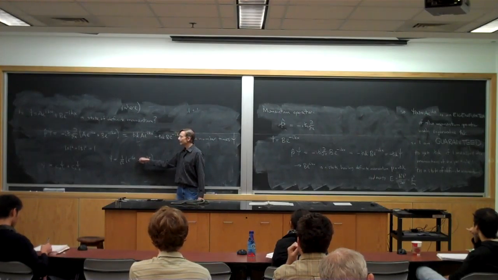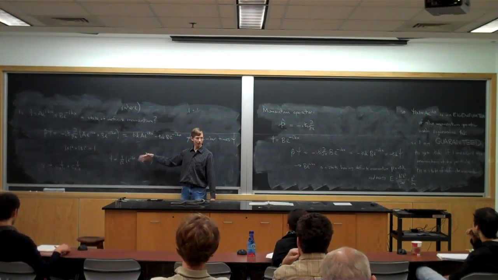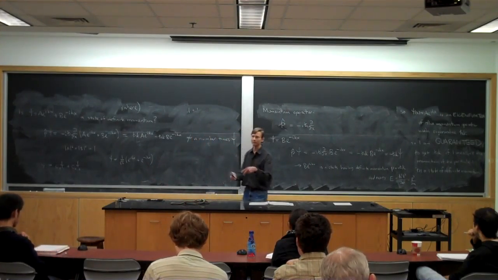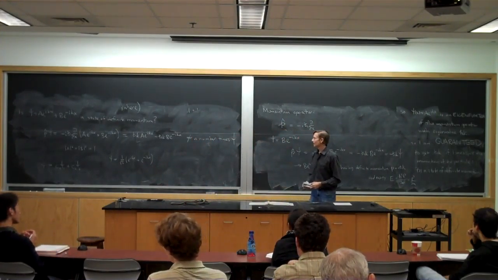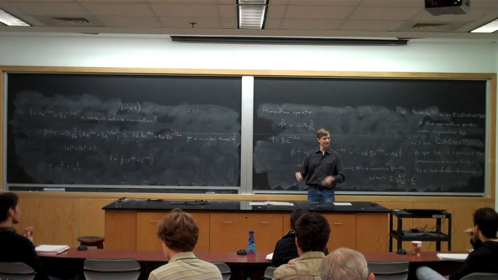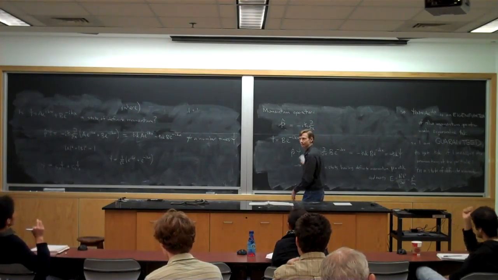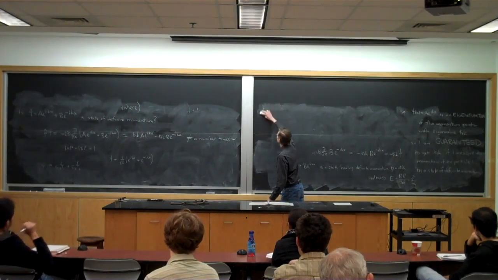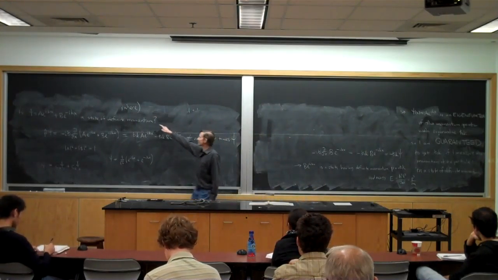I could put a plus e to the I phi, where phi is some arbitrary phase constant. I could throw that in there as well. Remember you did a homework problem where you showed that the relative phase actually does matter if you're creating a superposition like that. So we've concluded this is not a state of definite momentum.